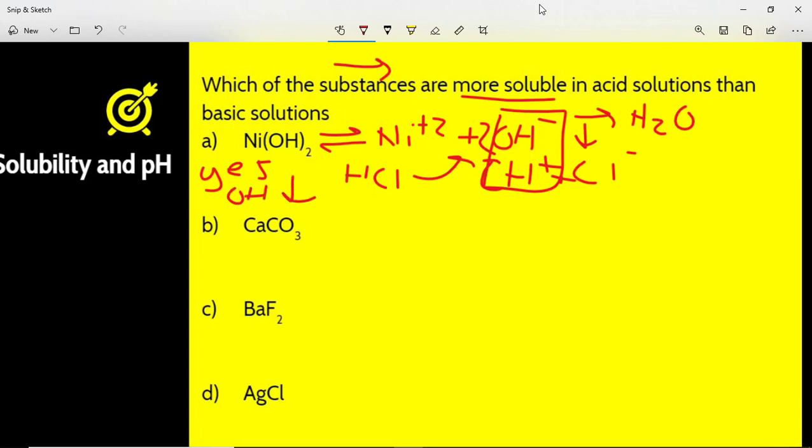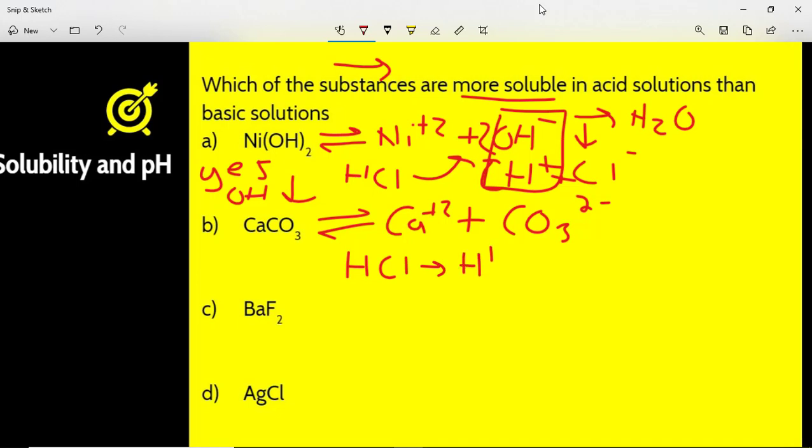How about CaCO3? Again, we add HCl, which breaks down into H plus and Cl minus. Now you have to ask yourself, is Ca 2+ or CO3 2 minus from a strong acid? The answer is no. So the CO3 2 minus ion must be from a weak acid.